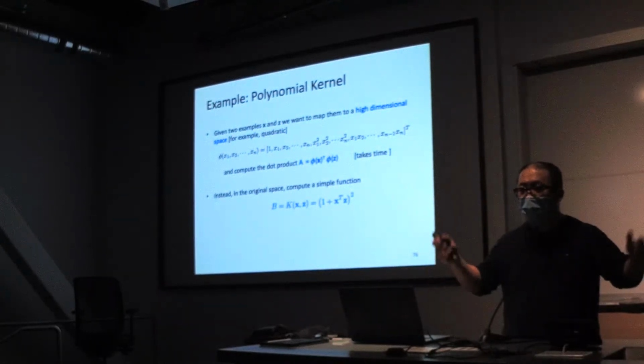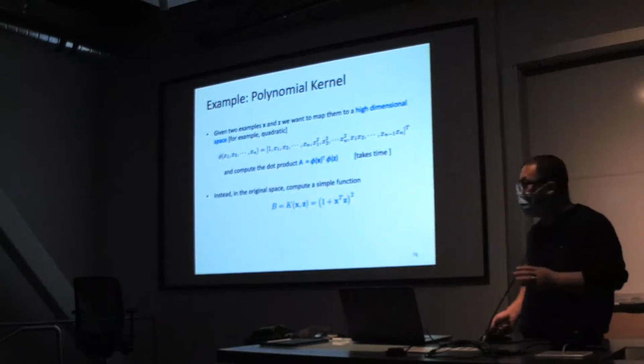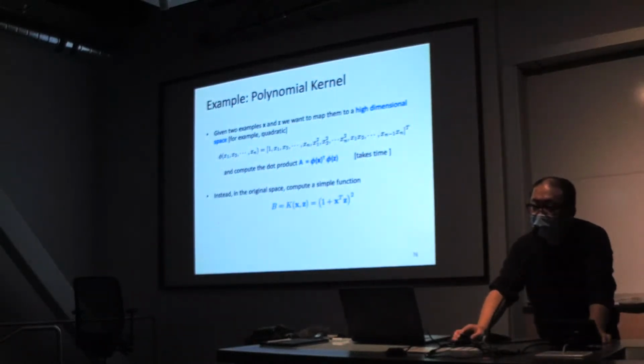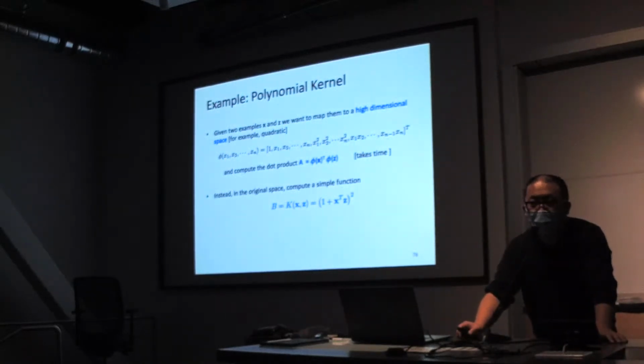Then you add 1 and take the square, which is just O(1). Together they give O(n) time complexity. But if you perform explicit feature mapping and then do the inner product in the mapped feature space, as we just analyzed, the time complexity is O(n squared). Imagine the difference when you take n to be simply 1,000. It's three orders of magnitude faster.